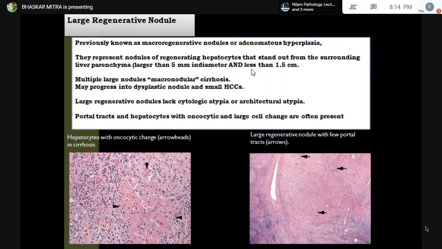Here it represents large nodules larger than 5 mm in diameter. These are usually seen in macronodular cirrhosis. These nodules lack cytological atypia or architectural atypia, and the hepatocytes may show oncocytic changes and sometimes small or large cell changes. The portal tracts may be seen in these large regenerative nodules.